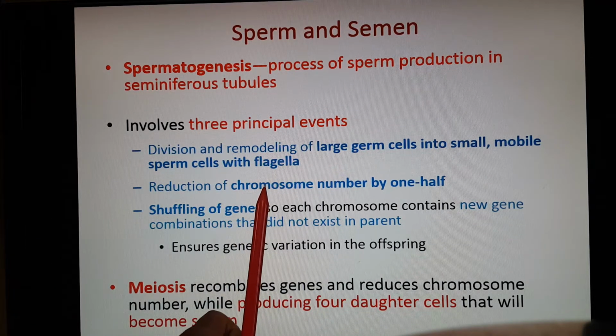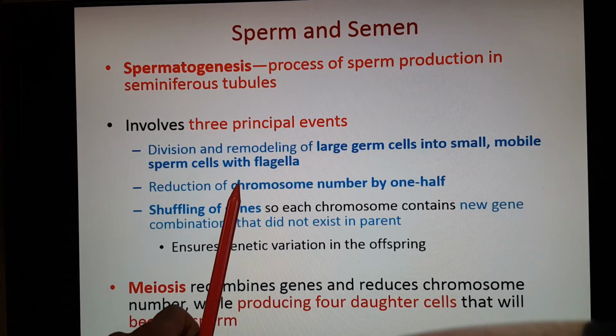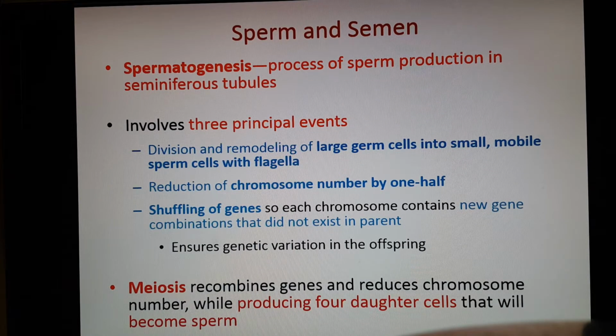The chromosome number is reduced by half, so you're going to go from 46 single-stranded chromosomes in a normal cell down to 23 single-stranded chromosomes in a gamete cell. During this process, the genes are shuffled around, so you get new combinations of genes that weren't in the parent, and maybe, hopefully, with the combination with the other parent, the offspring has a better chance of surviving, hopefully.